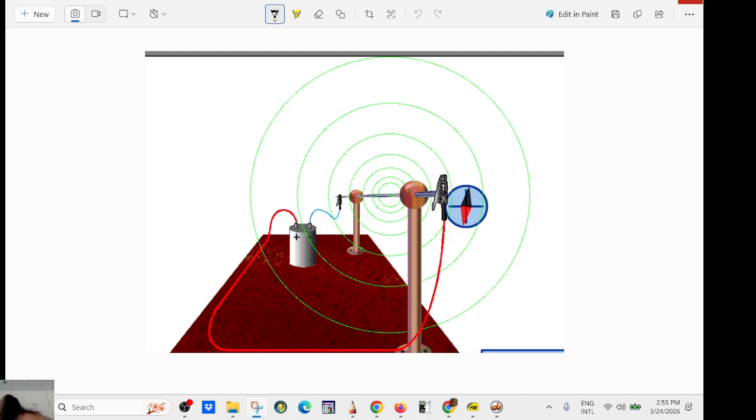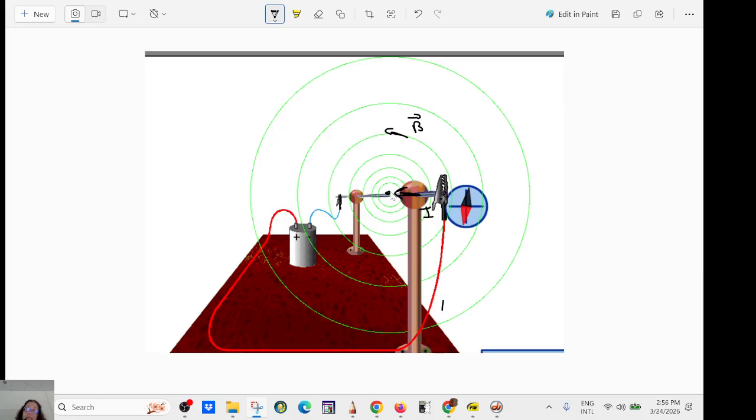So the thumb is the wire going into the screen. I know it's going that way because the negative is towards the end. Yes, because current goes from plus to minus. So the plus is here, the minus is there, so the current is into the board. This is I, and this is B going around.